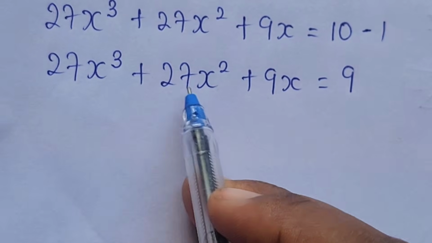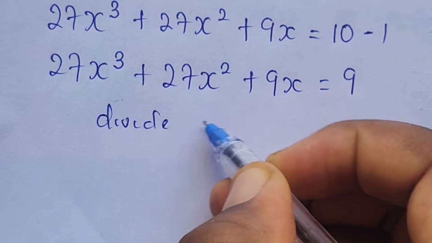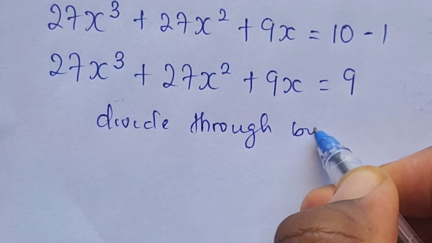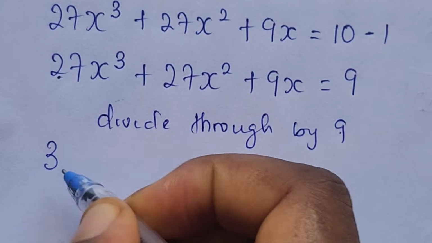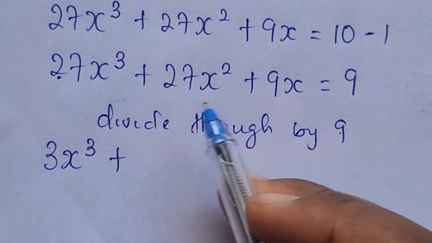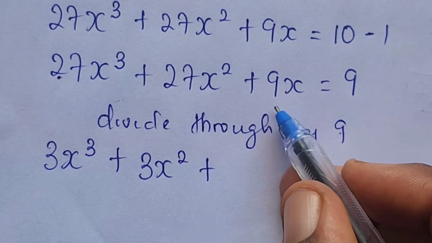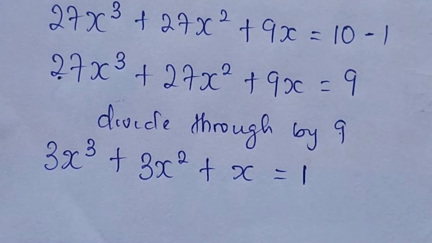So we have a common factor here, which is 9. We can divide through by 9. 27 divided by 9, we have 3x cubed, we have 3x squared, plus we have x here, and this is equal to 1.